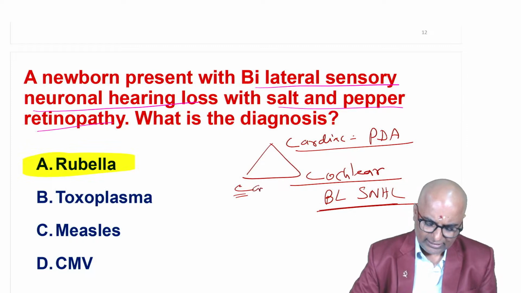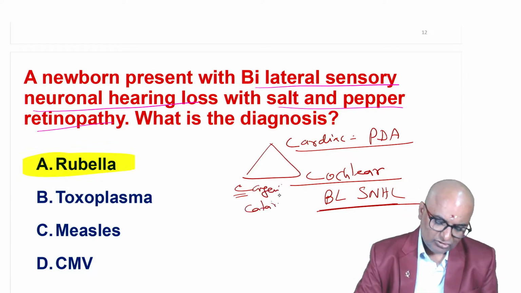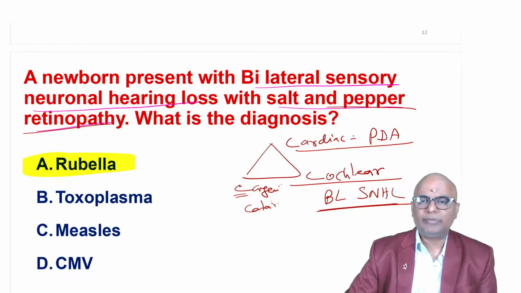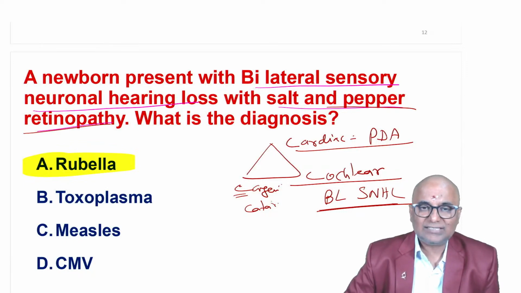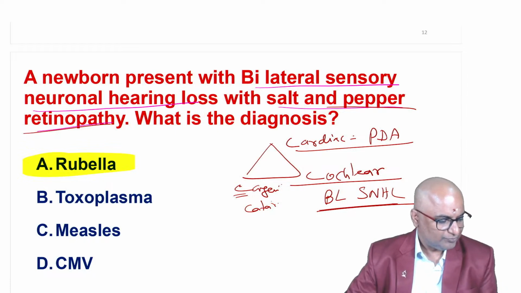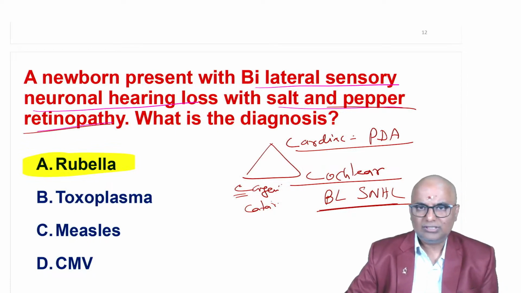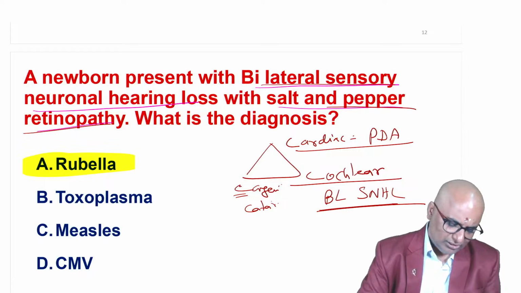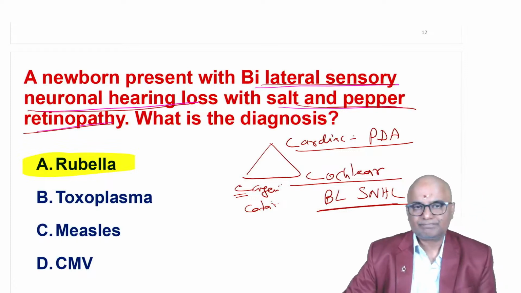And congenital cataract. Salt and pepper retinopathy you can see in two conditions, syphilis as well as rubella. Salt and pepper fundus also gives a hint. Yes, you are right, Dr. Deepki. Rubella. That's a clue. The two clues: one is bilateral sensorineural deafness and this one.